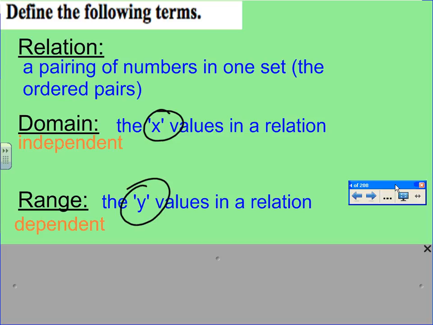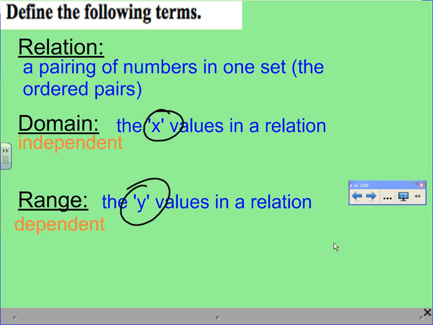Not this year, but next year we will talk more about that if I have you next year. So yes, you will see this over and over again. When you girls are done, you can just put it on my desk. So anyway, we'll learn another word for domain and range in a little bit.